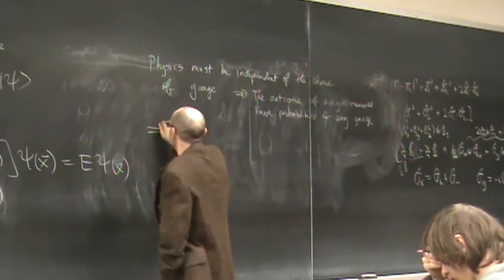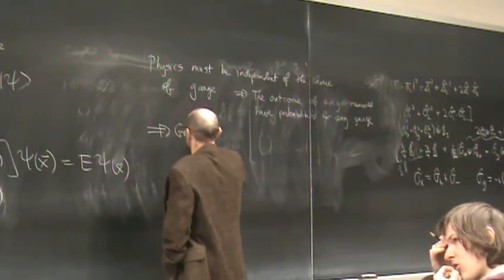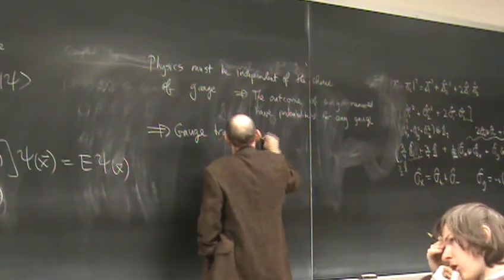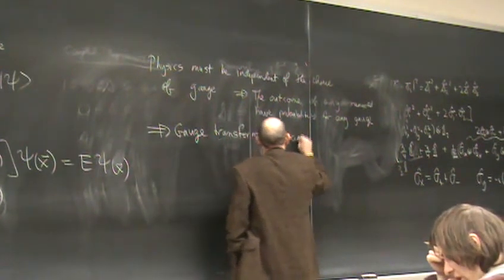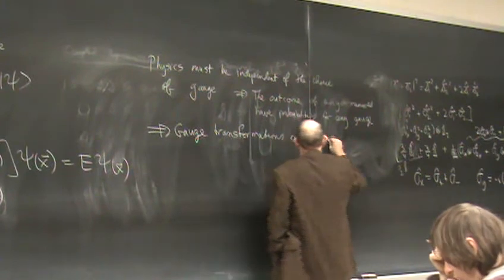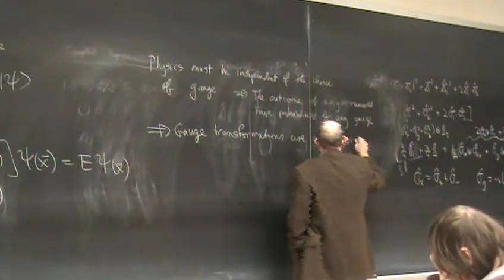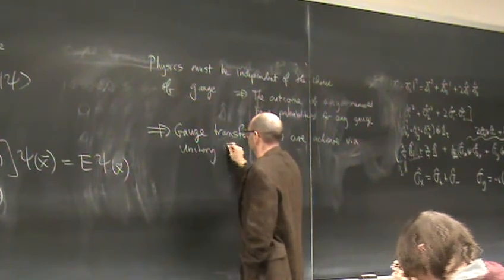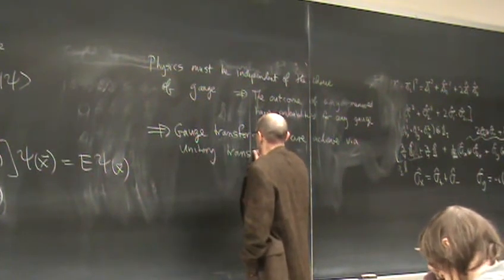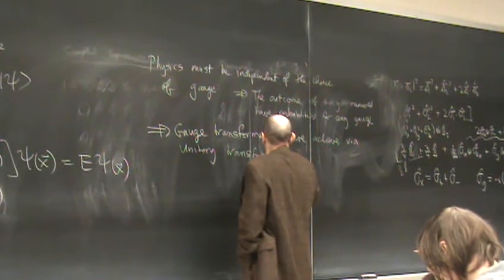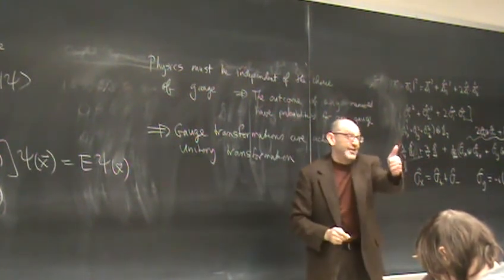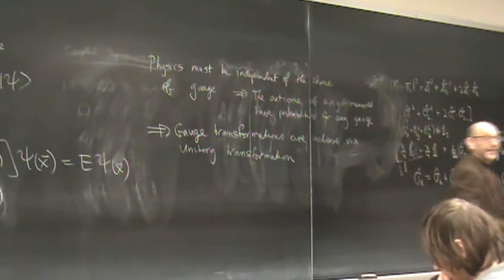So this implies that gauge transformations are achieved via unitary transformation. What do I mean by this? It's like the Schrodinger picture and the Heisenberg picture.